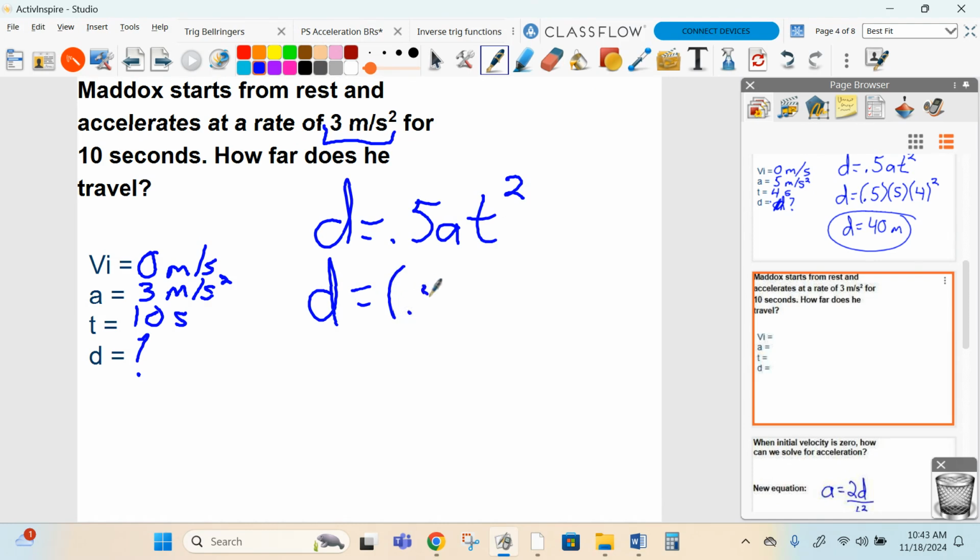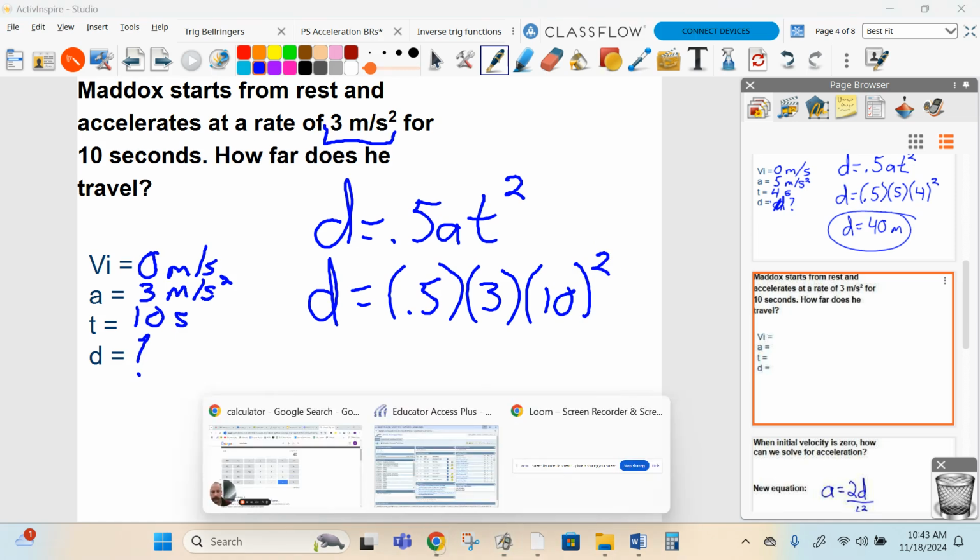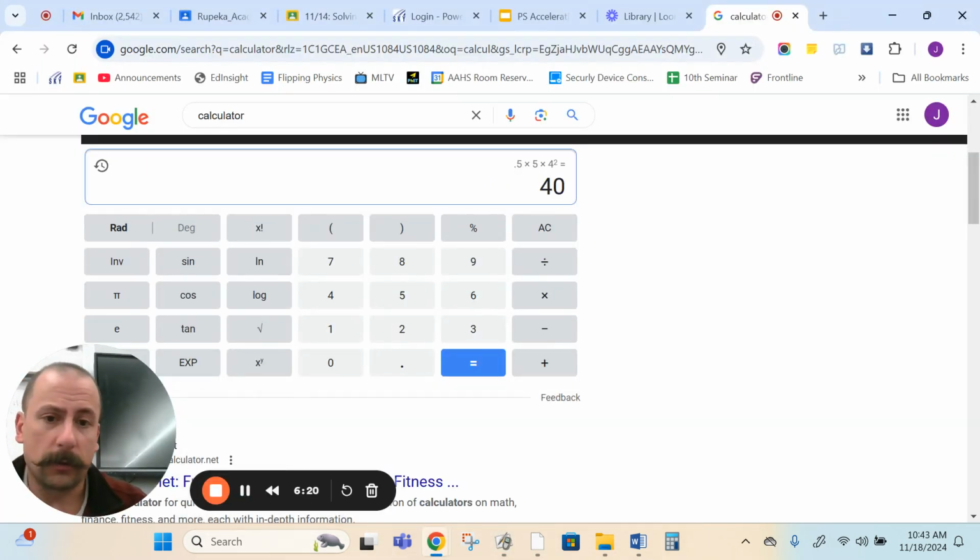D equals 0.5. Acceleration, which is 3 times 10 squared. Again, make sure you don't forget about the square. Now you might be asking, Mr. Rupika, you were putting in parentheses, and in the calculator you're putting in multiplication.